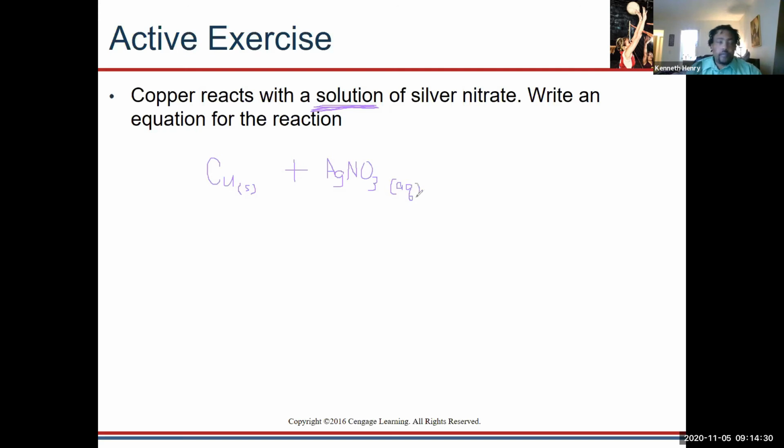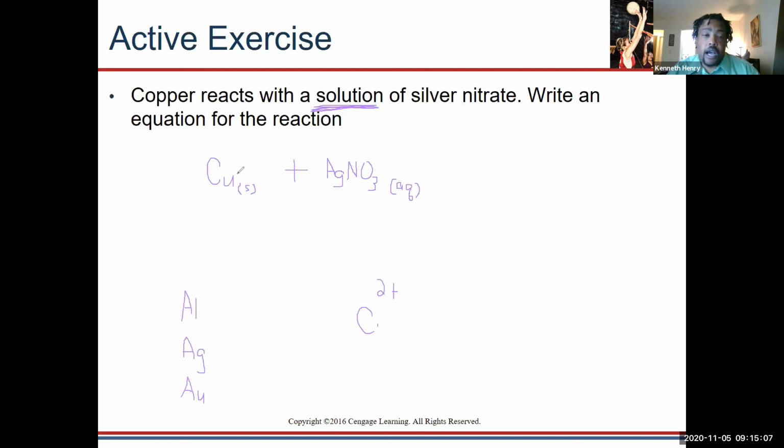Okay. So now I'm going to tell you guys a little something. Anytime that you're doing a single replacement reaction and you have a metal replacing another metal, almost all the metals except for aluminum, silver, and gold are going to have a 2+ charge if they're replacing.